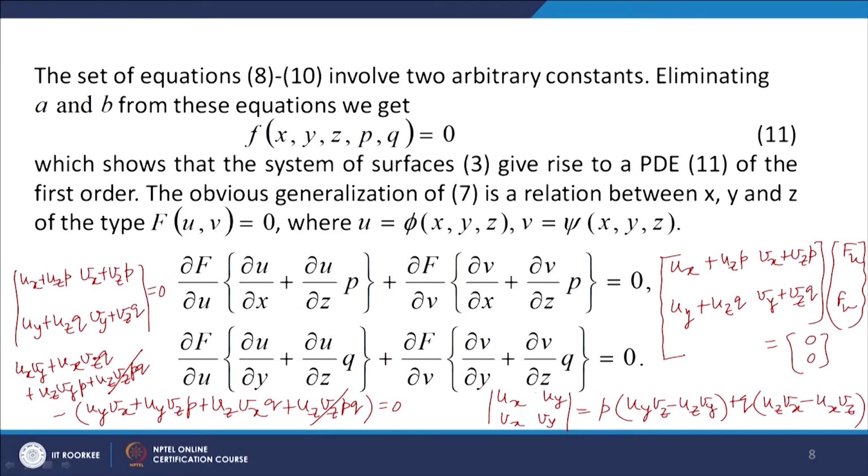So, this is what we have, and we can write it in the form of the Jacobian. I can write it as delta ub over delta xy equal to p times delta ub over delta yz, plus q times delta ub over delta zx.